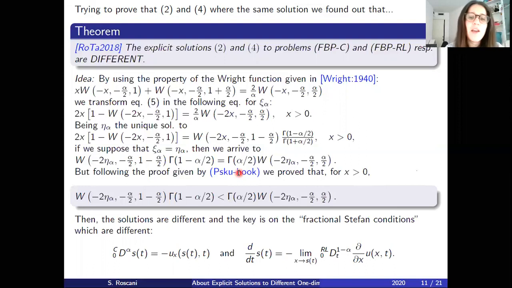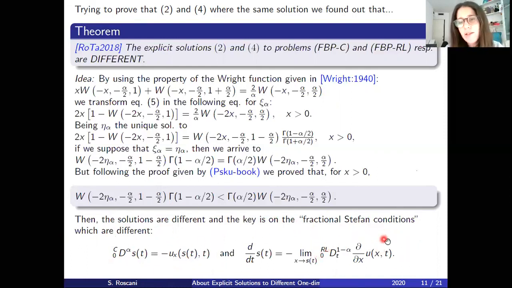So maybe the interesting fact is in the Stefan condition. Maybe it's not the same to consider this Stefan condition where you apply the Caputo derivative to a one-variable function. This is different from applying first a Riemann-Liouville derivative, which they are related, okay?